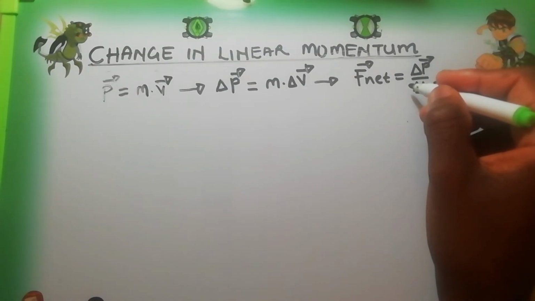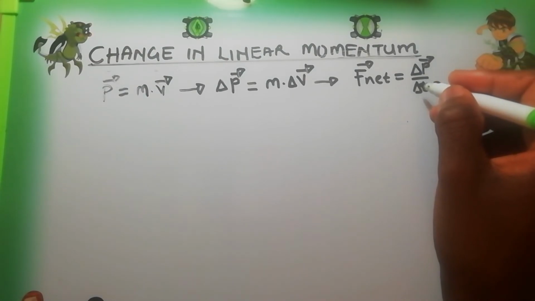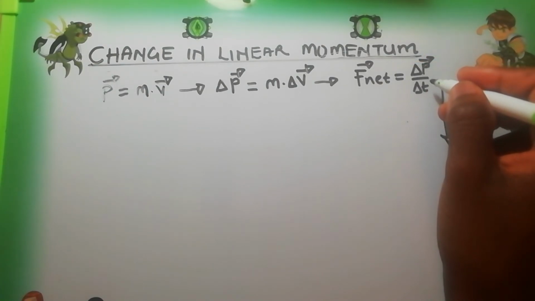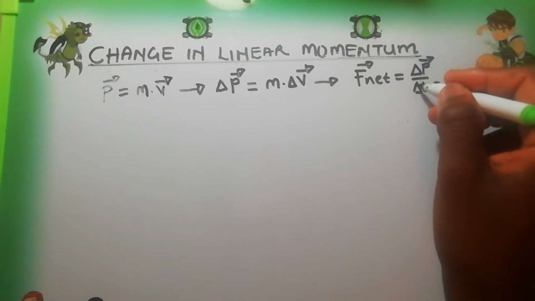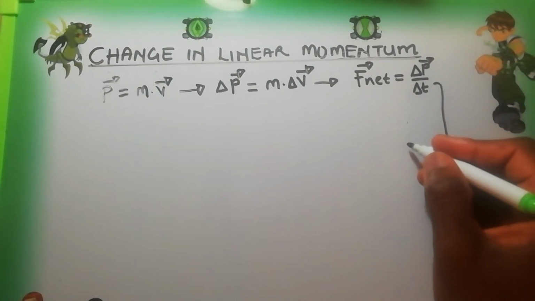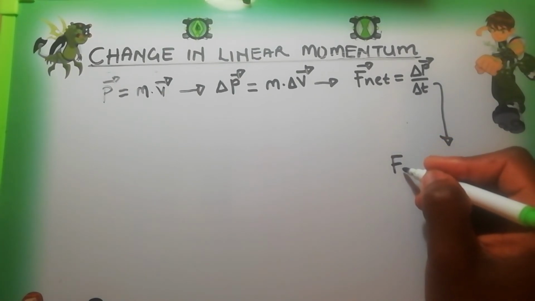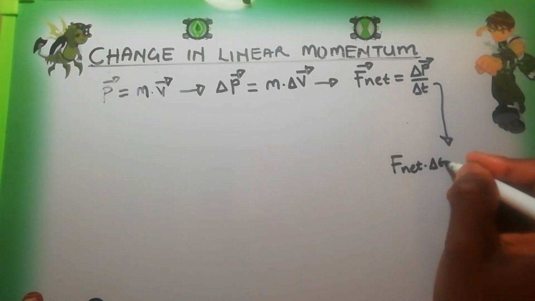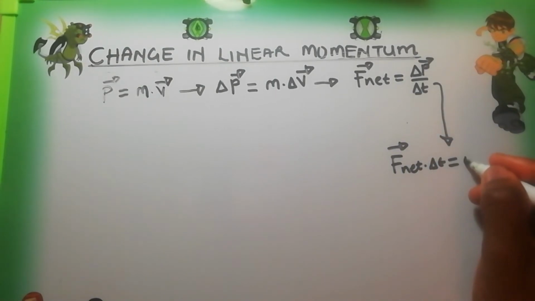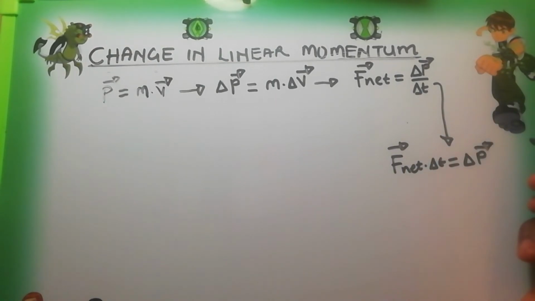We can say net force is the rate of change in momentum of an object, or change in momentum of an object per unit time. Then if we multiply both sides by change in time, we get what we call an impulse. And this is the formula for calculating impulse. So the definition for impulse is the change in momentum of an object.